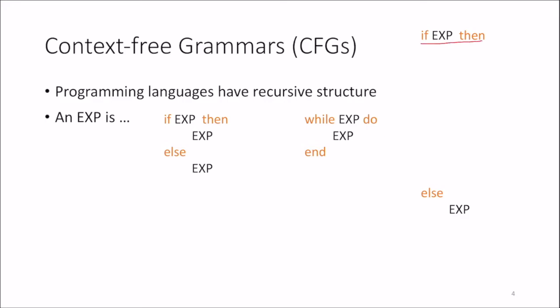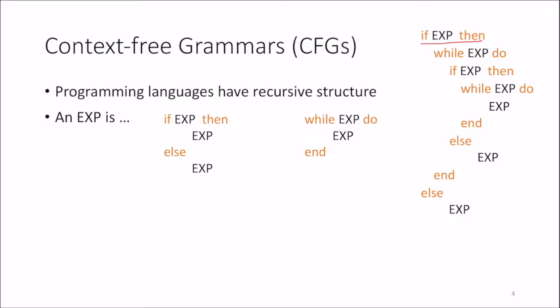Inside, if the expression is true, then it can do some sequence of statements, and it could have inside it a while loop. Now inside the while loop, you might have an if statement. So you notice that the if statement is appearing again, nested inside a while, which is nested inside an if. And then further, you can nest a while loop inside it.